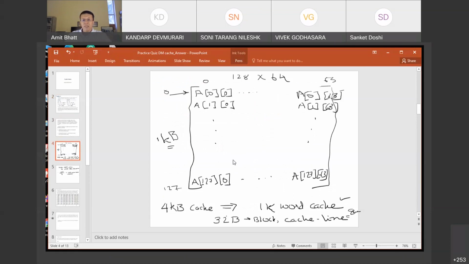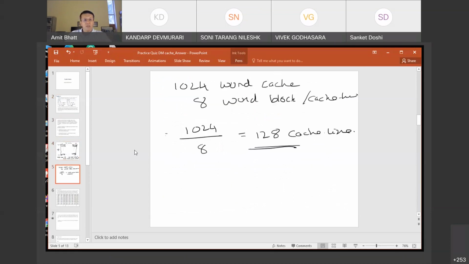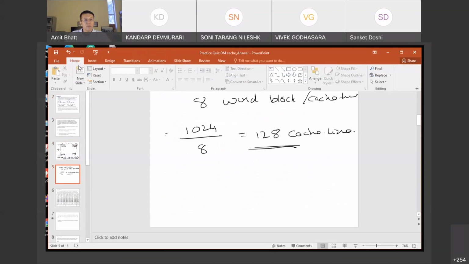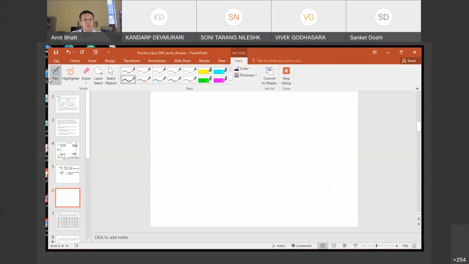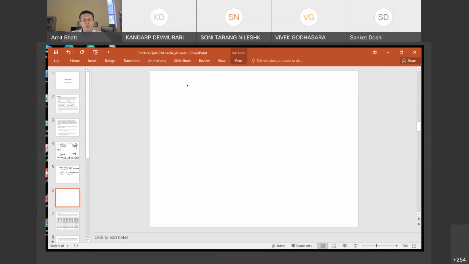So the first element which I would need is A00, right? Now, A00 is there in the first cache block.